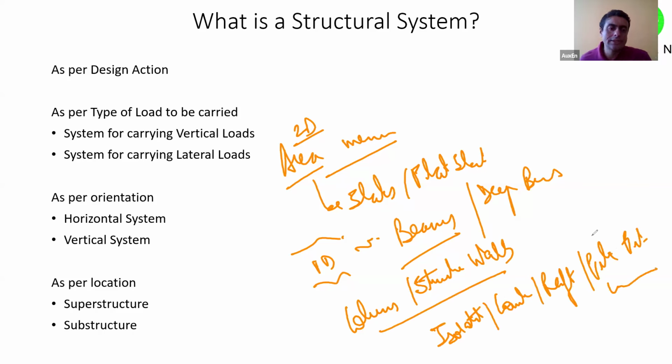So these are the, let's say, members or elements that we'll be covering during this course. Okay. And of course, we will also be discussing the diaphragms, which are nothing but your slabs that take the lateral loads in the in-plane movements and in-plane shears. So we'll be discussing all these things.